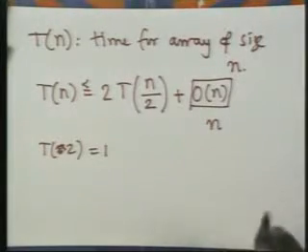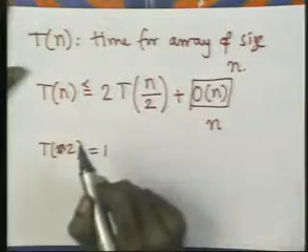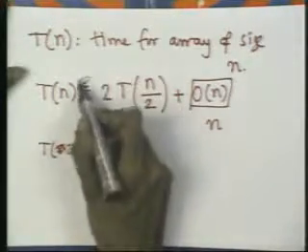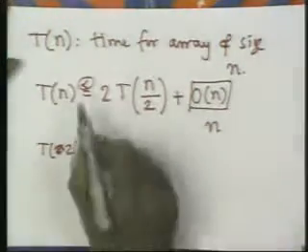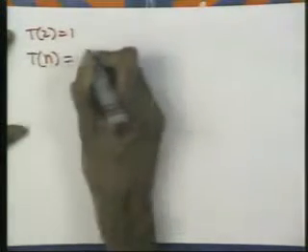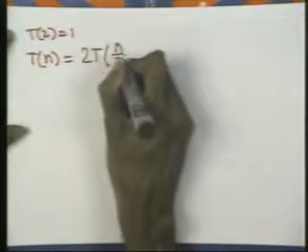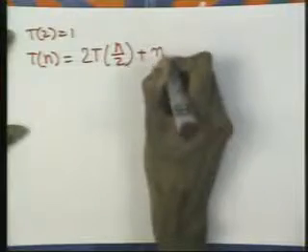In this case it is n and it's equal, but often you should check whether this should be equal to or less than or equal to. In this case, it's in fact equal, and T(n) is twice T(n/2) plus n.